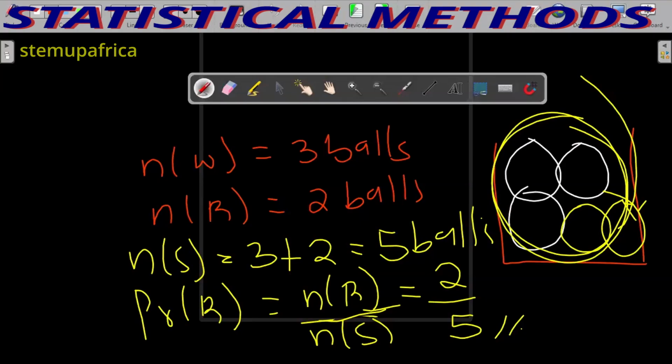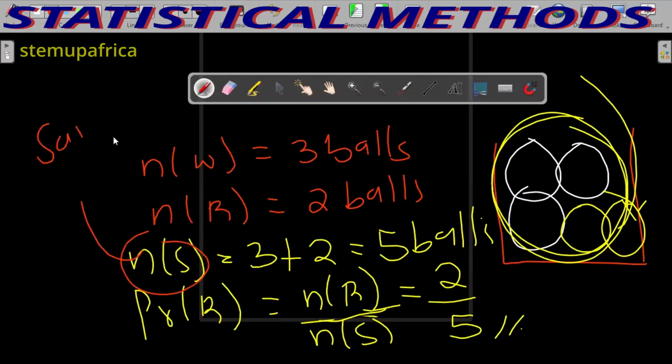The number of black balls is 2. The total number of balls, which is called X, is called the sample space.